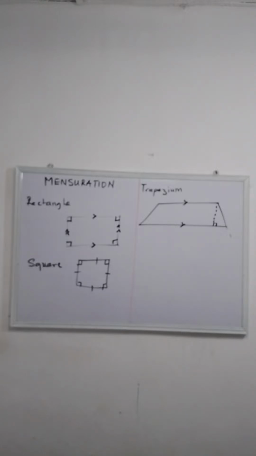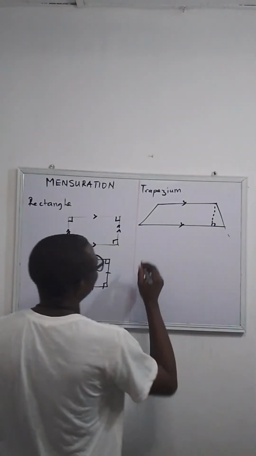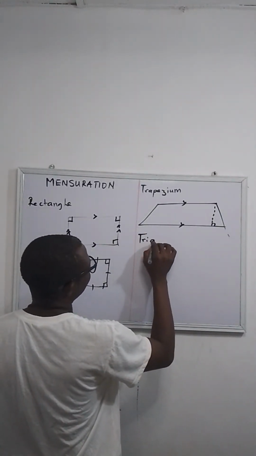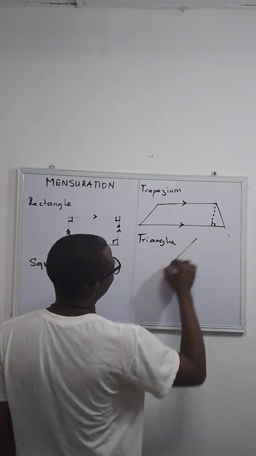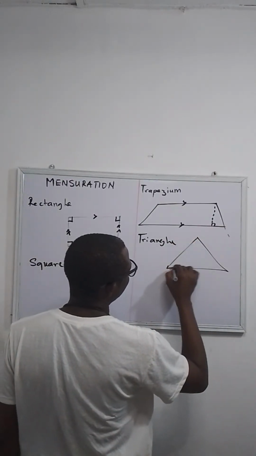Okay. We have a large number of them. So we have triangle, just like someone has said. So triangle is a plane shape.